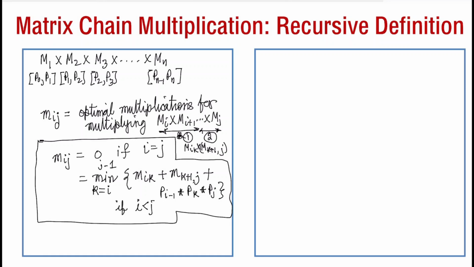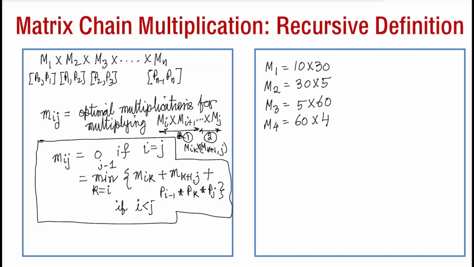And suppose, as in our case, where we have our matrices, M1 is a 10 by 30, M2 is a 30 by 5, M3 is a 5 by 60, and M4 is a 60 by 4 matrix.